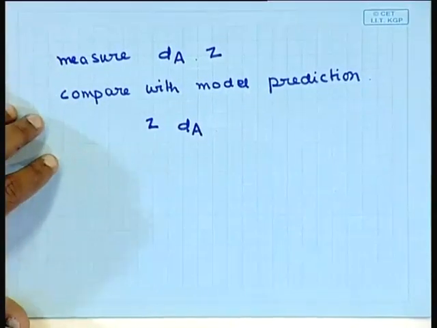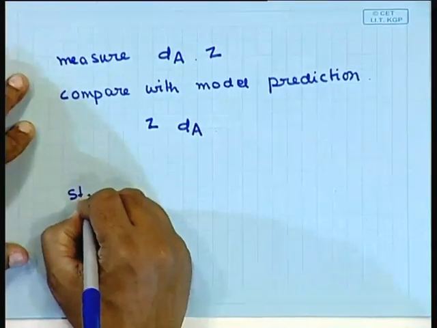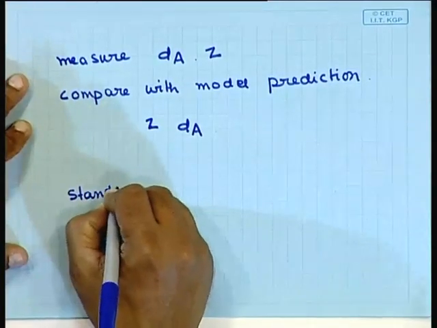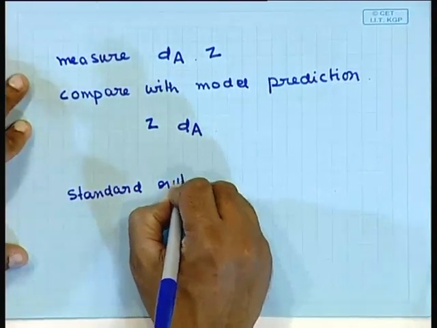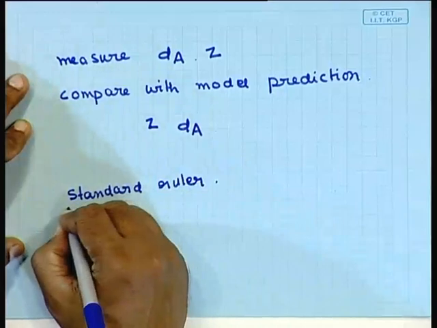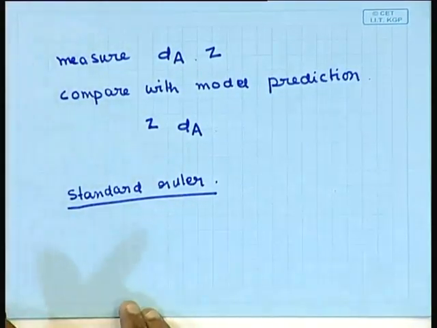To do this using angular diameter distance, you need what is called a standard ruler. A standard ruler is an astronomical object whose physical size is known.